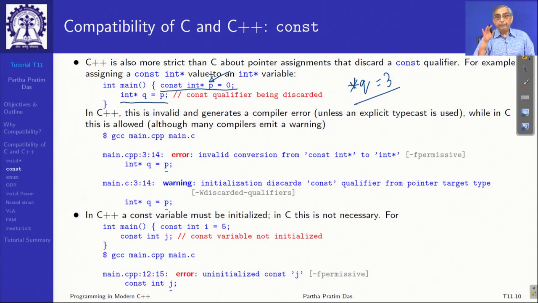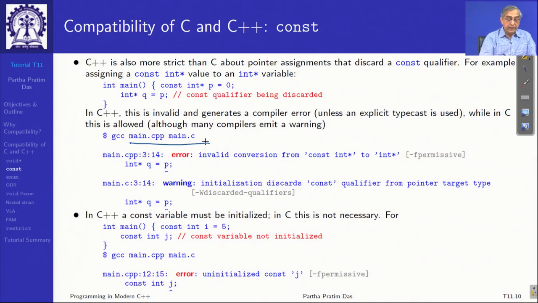But C does allow you to silently discard the const qualifier, which C++ will not allow. So, if you write this code and compile it with C and C++ both, you will see that C will just give a warning that you are discarding the const, but it will compile. C++ will give you an error, because this is not valid in C++. C++ is more strict in terms of type.